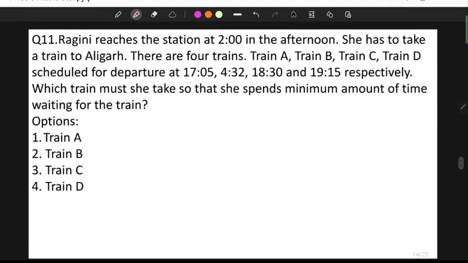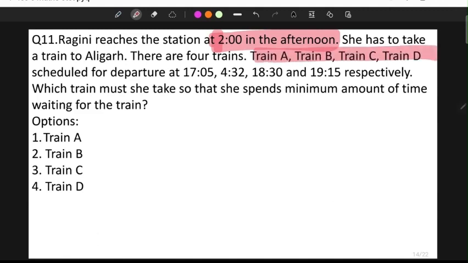Ragini reaches the station at 2 in the afternoon, that is 2 p.m. Here she has to take a train to Aligarh. There are four different trains, that is train A, B, C and D. Try to understand the question.